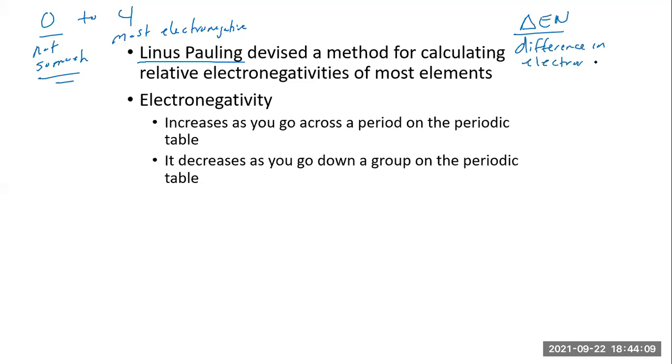So you go to the chart, which we'll take a look at in just a second, and you take the two elements, take their two values for electronegativity, and simply subtract them, large number minus small number. If the difference in electronegativity is anywhere from 0 to 0.4, that is considered a nonpolar covalent bond.